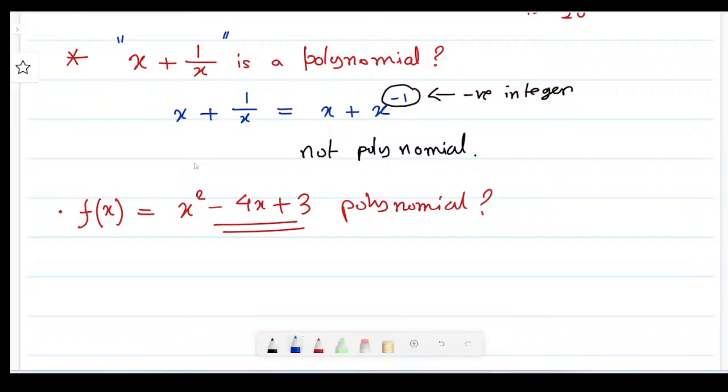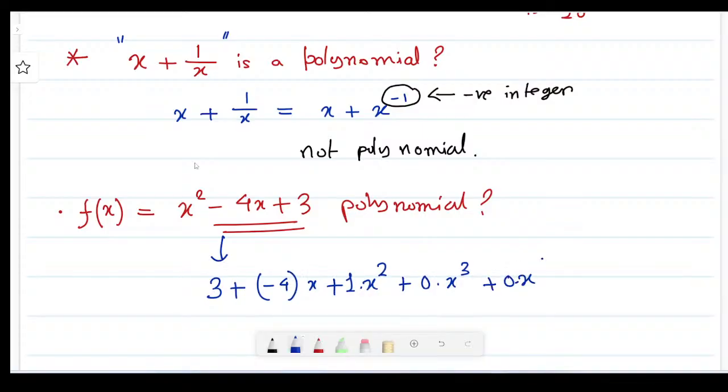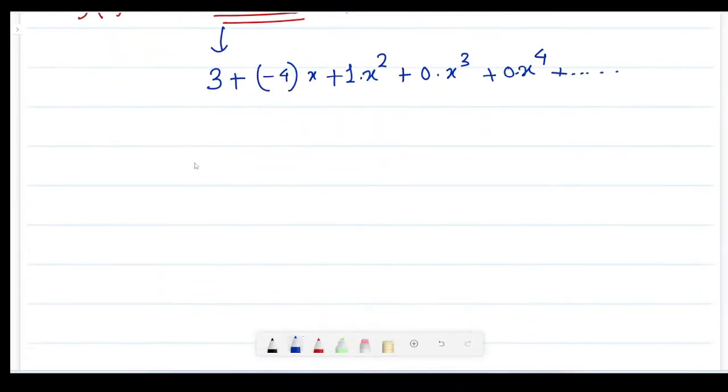All the powers of x are positive integers. So we can write it in standard form: at first we write the constant term, then the x term, then the x squared term, and then the other terms as 0.